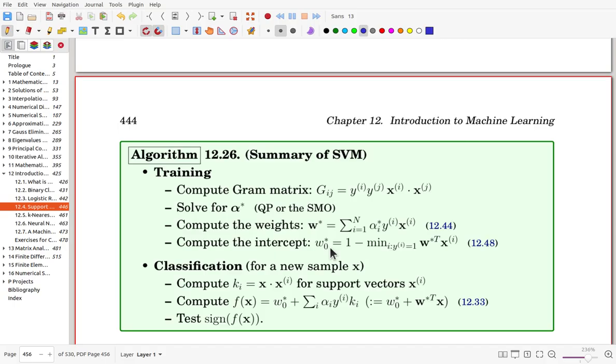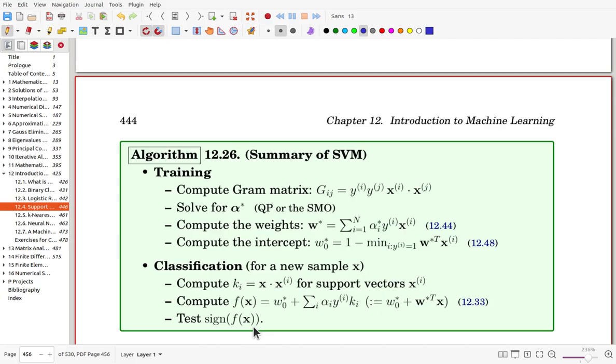When we want to classify a new point x, we compute the dot product with each point, find this evaluation, and then decide the sign so that we can classify it as the positive side or negative side.